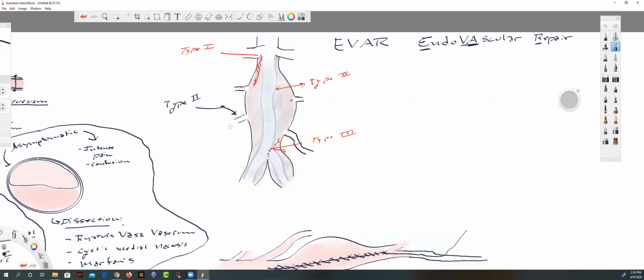Now, what I've drawn is some lumbar arteries. So that's a lumbar artery, that's a lumbar artery, that's a lumbar artery. And then I drew one inferior mesenteric artery as well.